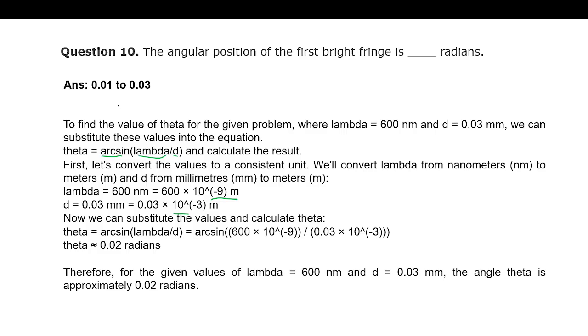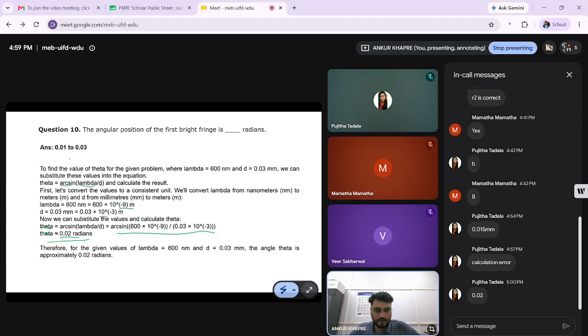Then we keep these values in this equation and get the angle. Actually I have written here theta, it should be angular position or angle, so it will be in radian, 0.02 radian. You are correct. It's quite impressive that you have already taken the d from the previous answer.